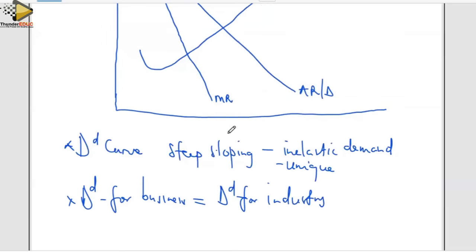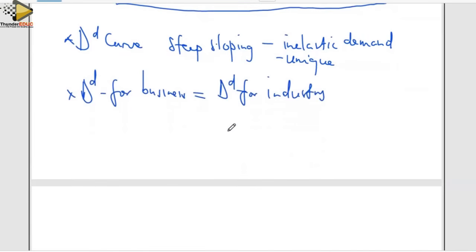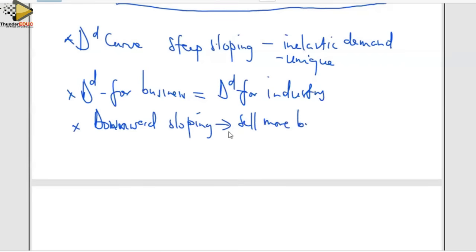So it's an industry on its own. And the demand curve is downward sloping. What is the implication? The monopolist can sell more by reducing price because it's downward sloping.